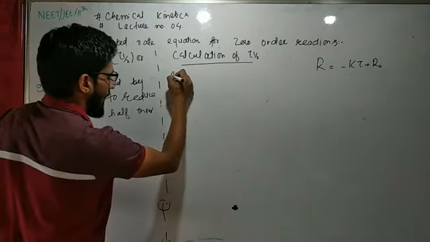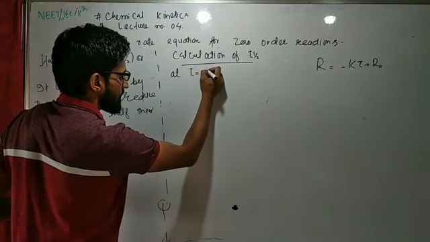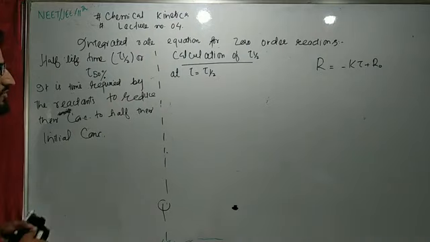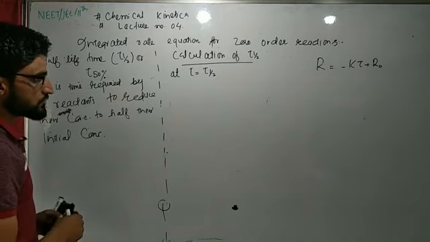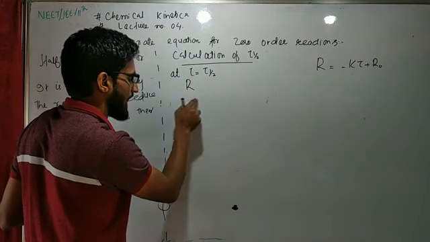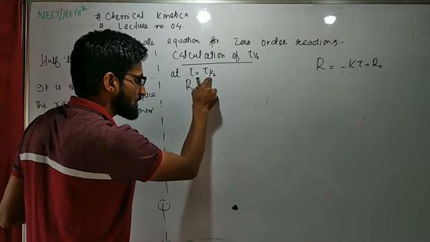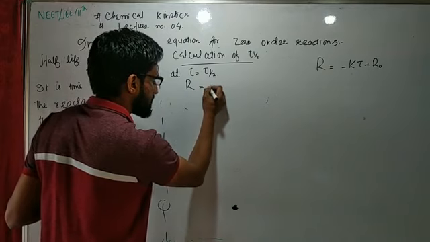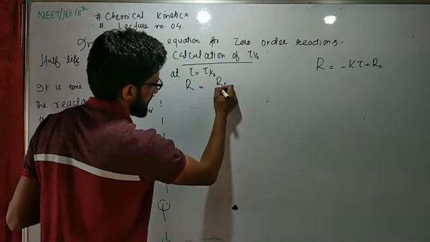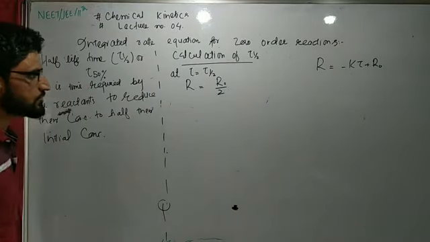Now at t is equal to T half, T half is simply the time at which the concentration of reactants is reduced to half. R is the concentration of reactants at time t. When t is equal to T half, the value of R will be half its initial concentration, that will be equal to R naught by 2.